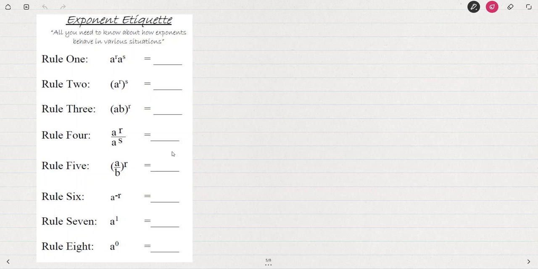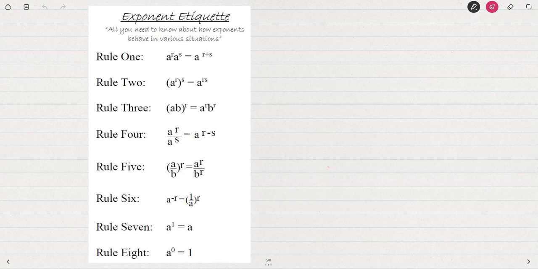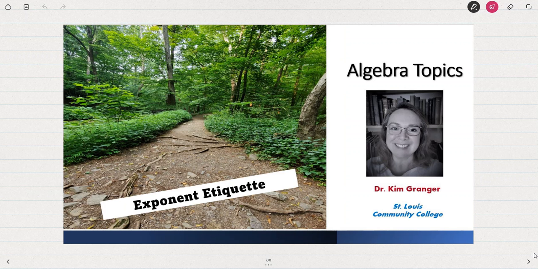Could you still get every one of those correct? Keep practicing until you can do it. But here's the completed sheet, and I certainly hope that this short video has helped you come a little bit closer to fully understanding how exponents could be expected to behave in various situations.